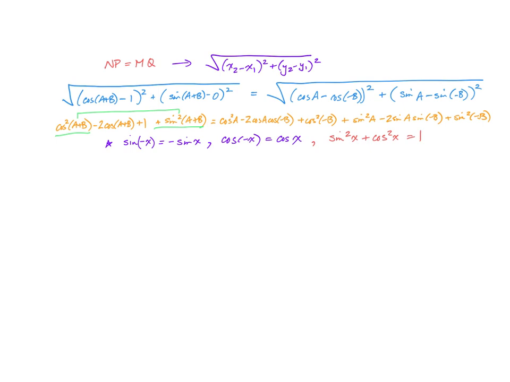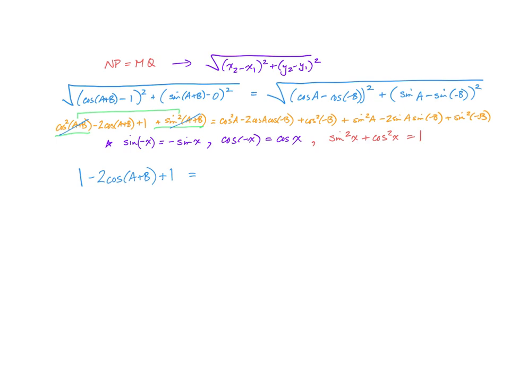So I could sub in 1 for those two values. So I'm going to replace them with a 1. They're gone. That means on the left side, I still have this cos a plus b and the other plus 1.